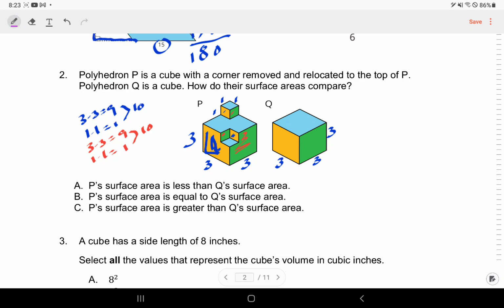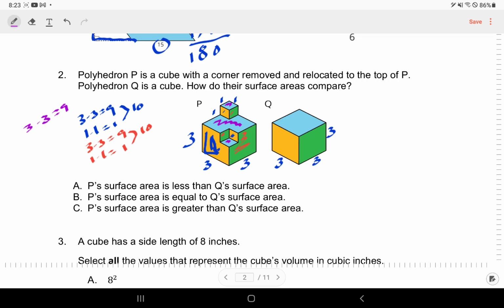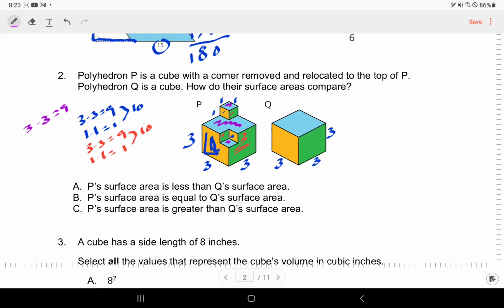And then here this blue space is all 1, and so that's 3 times 3 is 9. And so that right there is 29, just for those 3 sides.